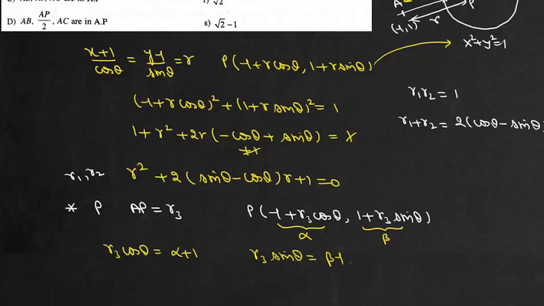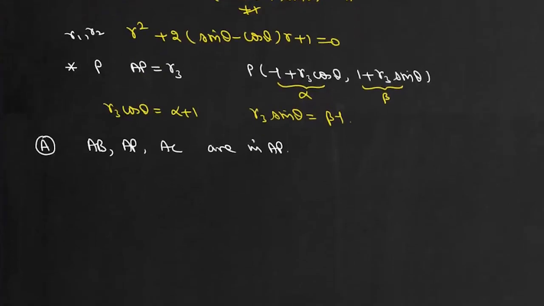Now this first part is, we have to find locus of P if AB, AP and AC, they are in AP. That means R1, R3 and R2, they are in AP. Now basically R3 is (R1 plus R2) by 2.